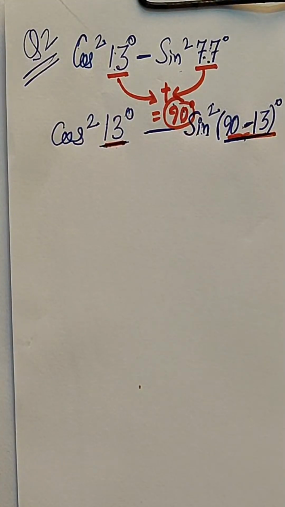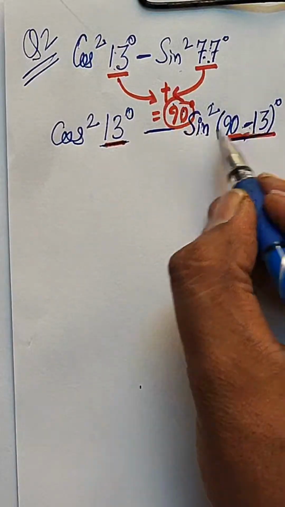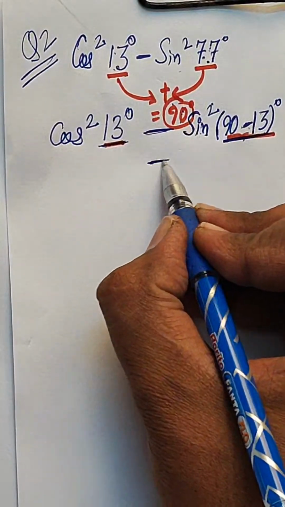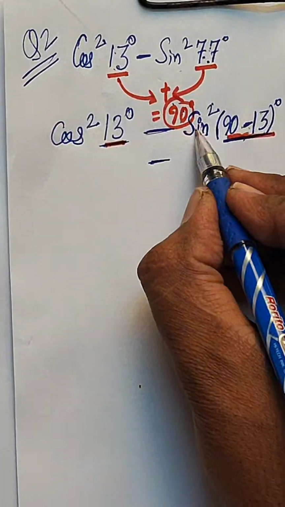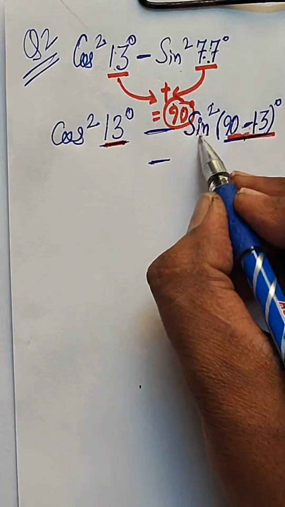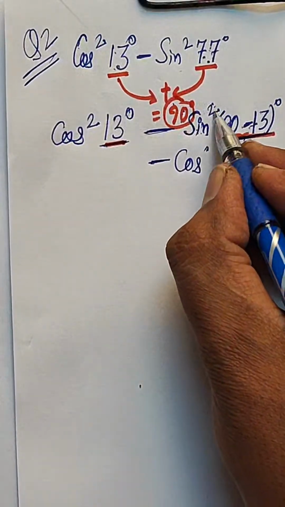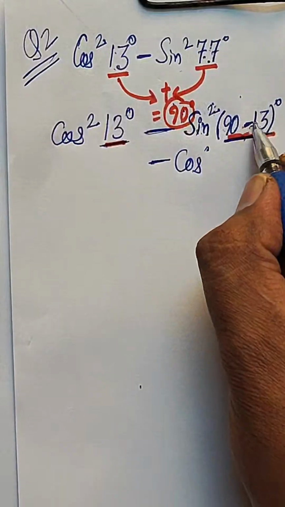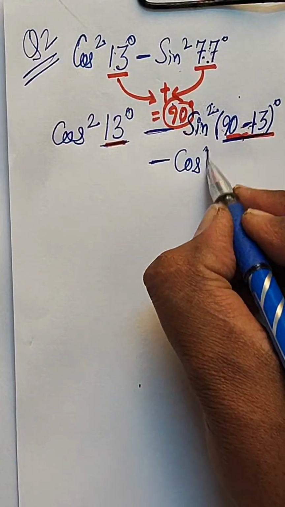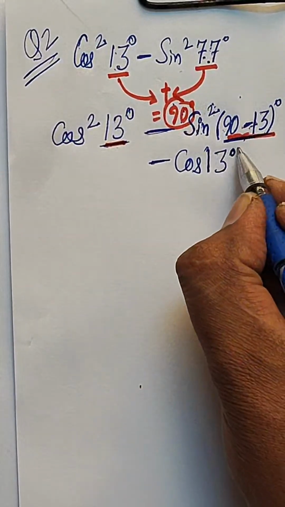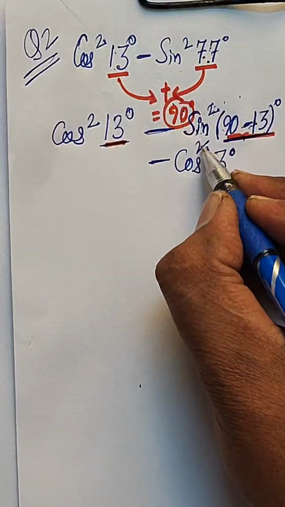Right? Now, simply, we know that sine of 90 minus theta is cos theta. A minus sign is already there in between. Sine square 90 minus theta is cos square theta, leave the square as it is. Sine of 90 minus theta is equal to cos theta, and theta is 13 degree, and the square is there on top.